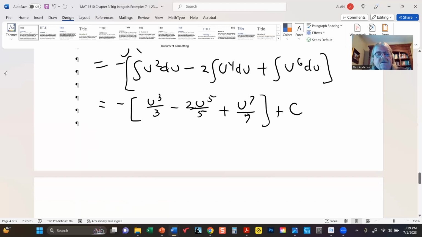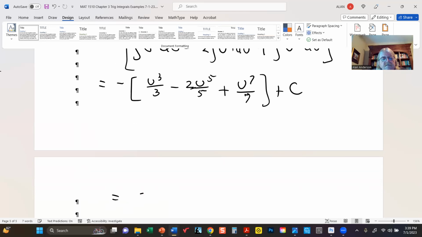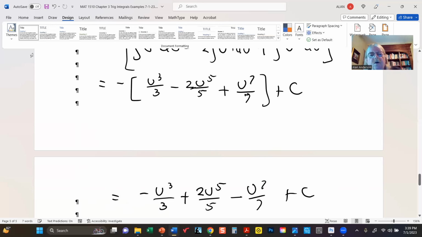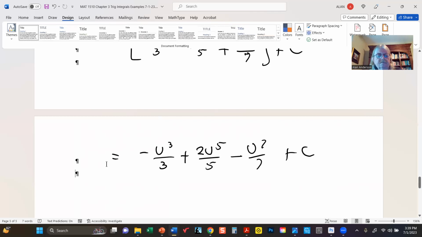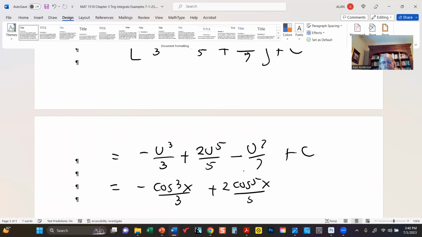Okay, now we'll apply the negative sign across all these terms. Remember, we decided to call u cosine x. So there it is, after all that.